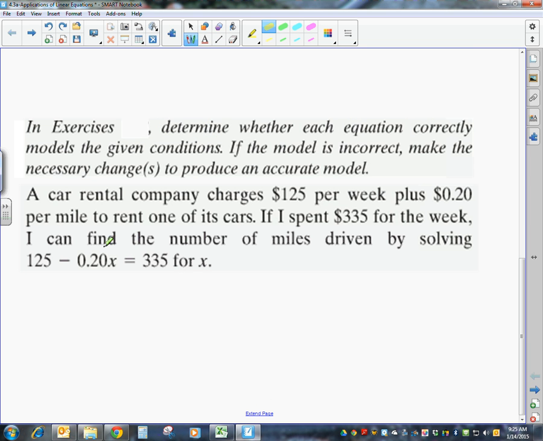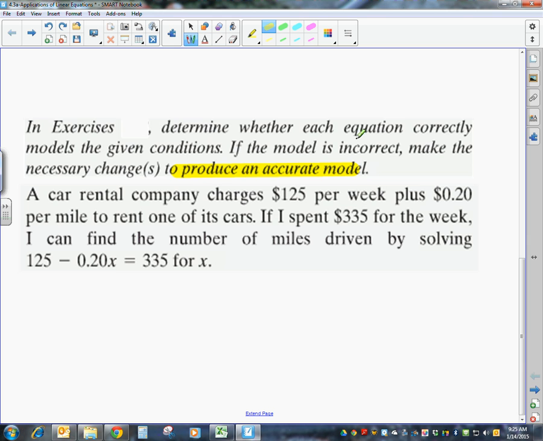Okay, in this next problem, you're supposed to determine whether each equation correctly models the given conditions, and if it's incorrect, make the necessary changes to produce an accurate model.